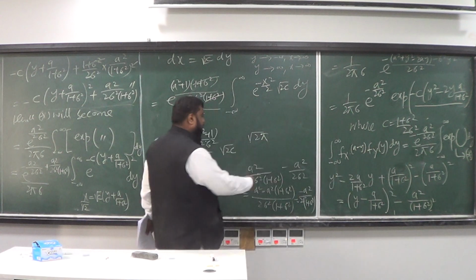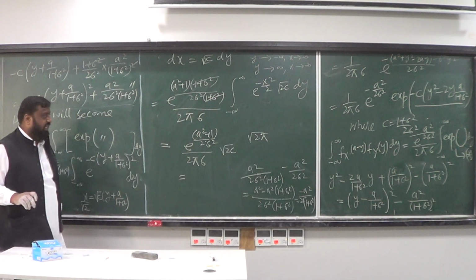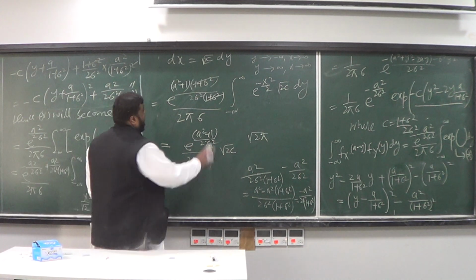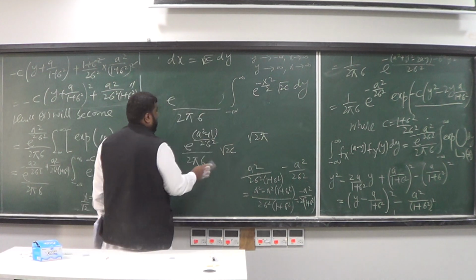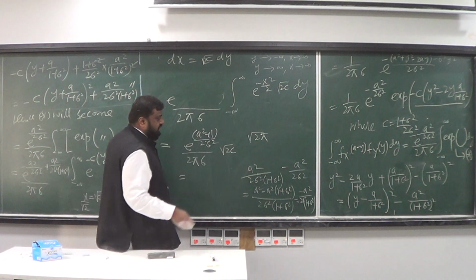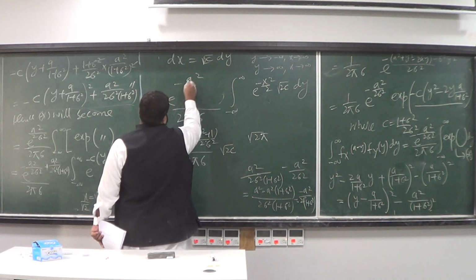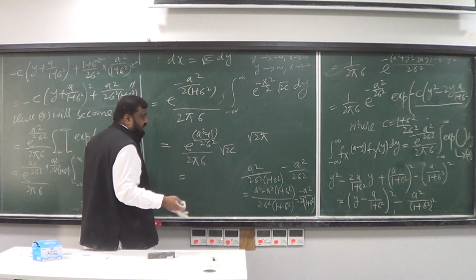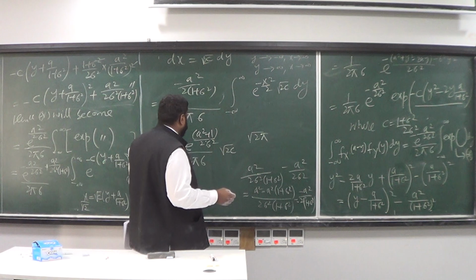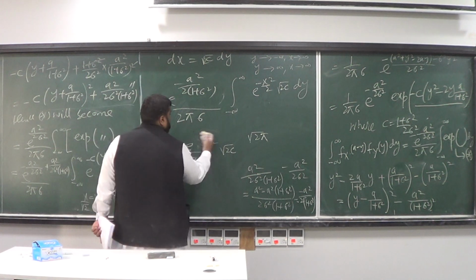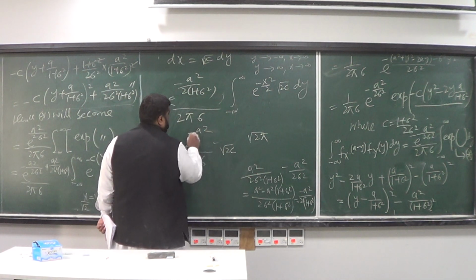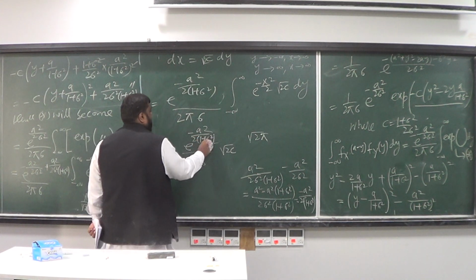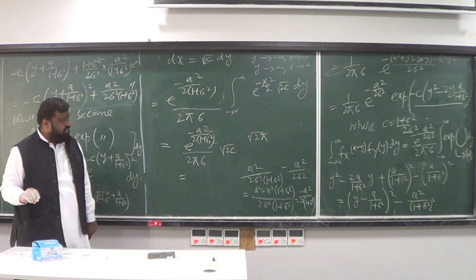If you simplify this expression, this is what you're going to get. I was thinking where is the minus, because the minus is crucial. And you're going to have minus a square over 2 times 1 plus sigma square. Okay.